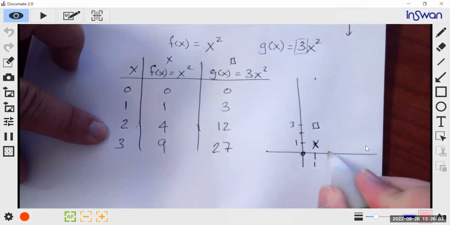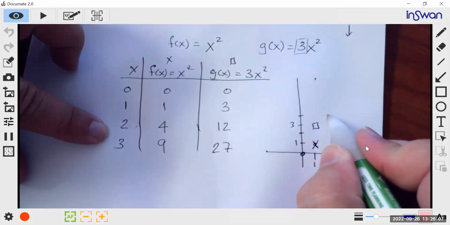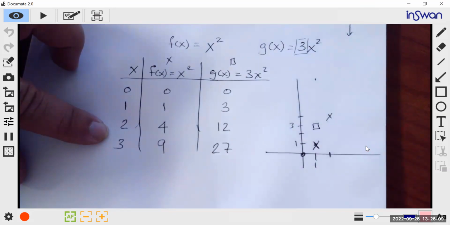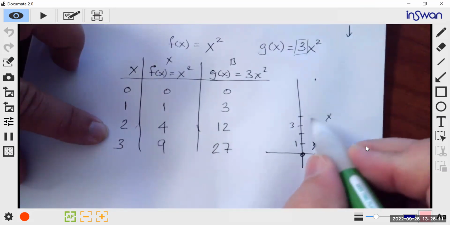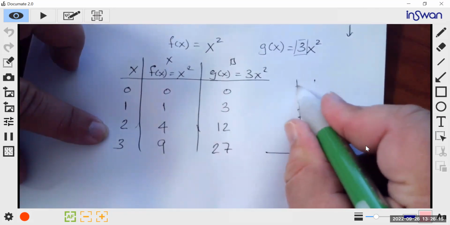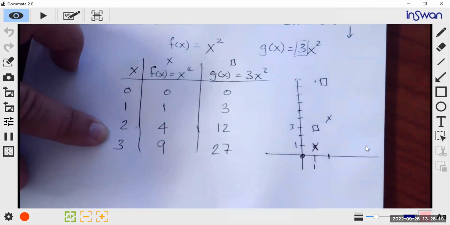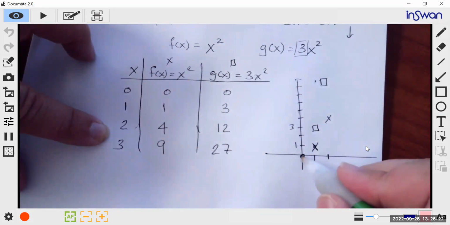When x is 2, f of x is 4 and g of x is 12. So this is what it's looking like.